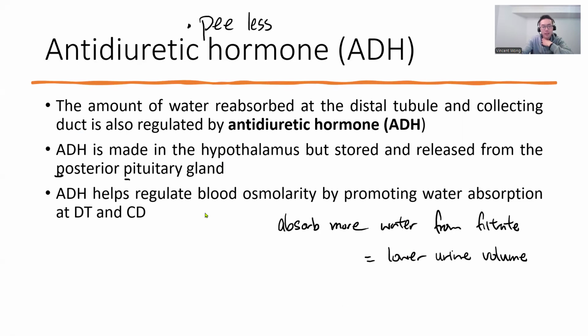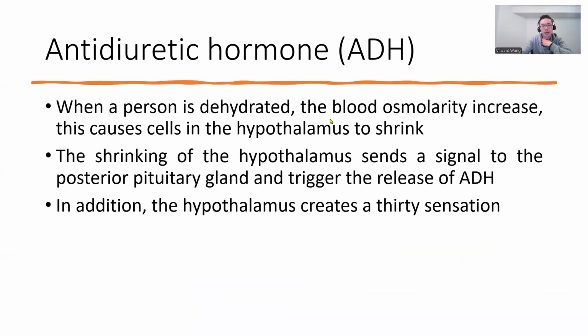So the trigger for ADH, for antidiuretic hormone, is an increase in blood osmolarity. When your blood gets too concentrated, it will trigger the release of ADH. And how that works is when your blood is too concentrated, the blood is hypertonic. We learned about hypertonic last semester.